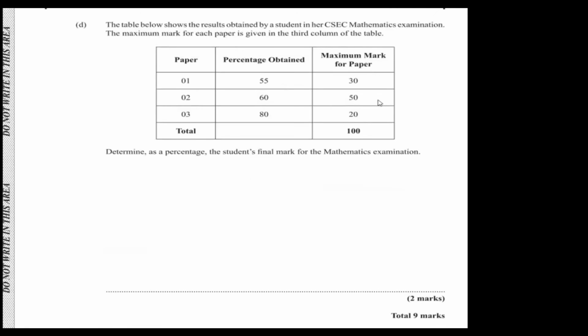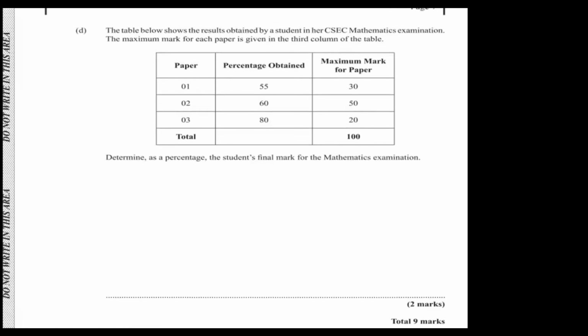All right. Now, there are many ways we can do this question. There's what is known as the weighted mean, but first, if she obtained 55% of 30, that means her actual marks, I'm going to put a new column right here called actual marks, AM for short.